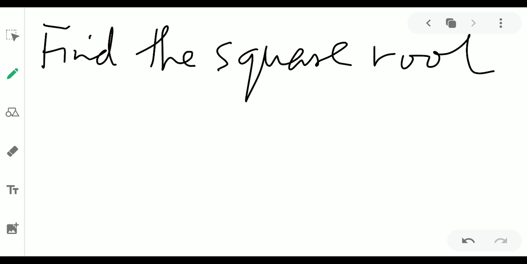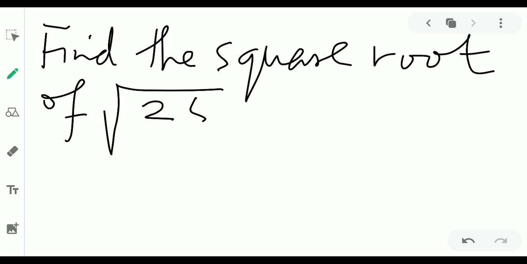So let's say you have been given, find the square root of 25 over 49. You're supposed to find the square root of this.